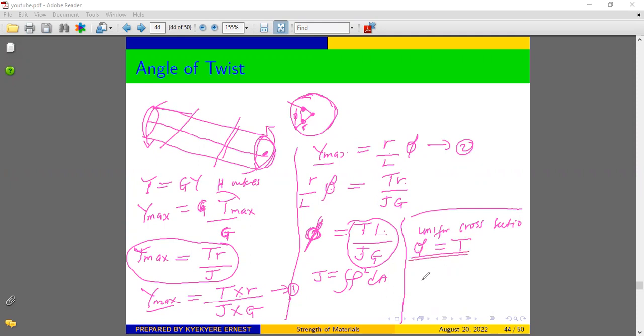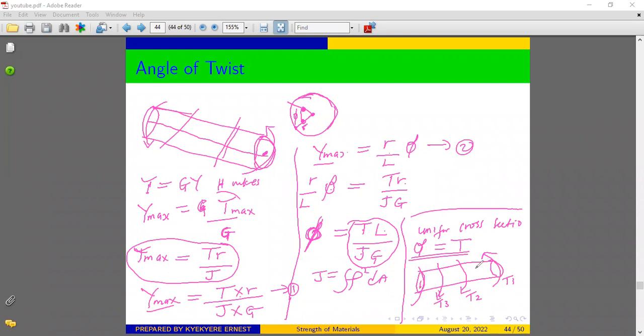when I have torques applied at different portions of the shaft, for example, if I have a shaft like this, and I have a torque applied at this side, another torque applied at this side, and another torque at this side, then because the angle of twist is related to the torque, I cannot just calculate the angle of twist for the whole section.